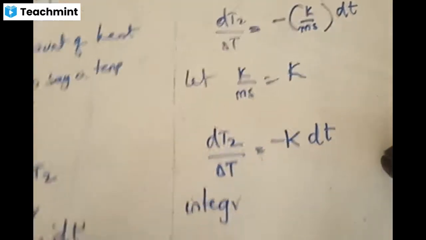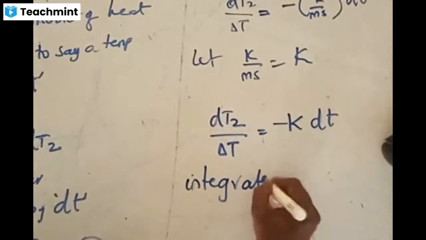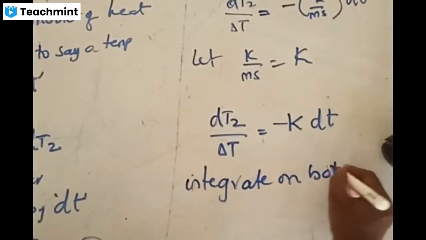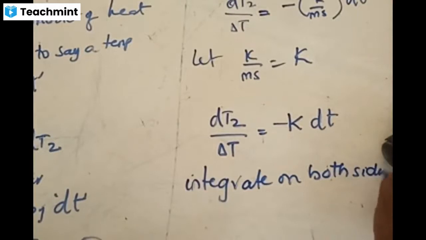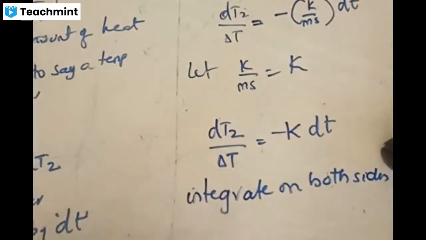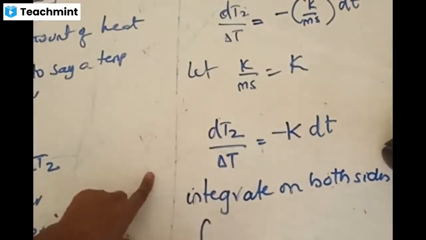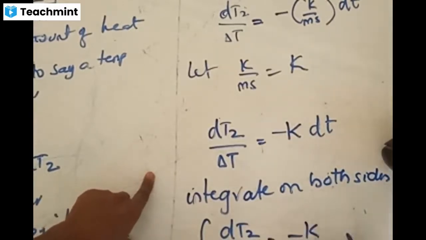Integrating on both sides gives integration of dT2 by delta t is equal to minus K times integration of dt.